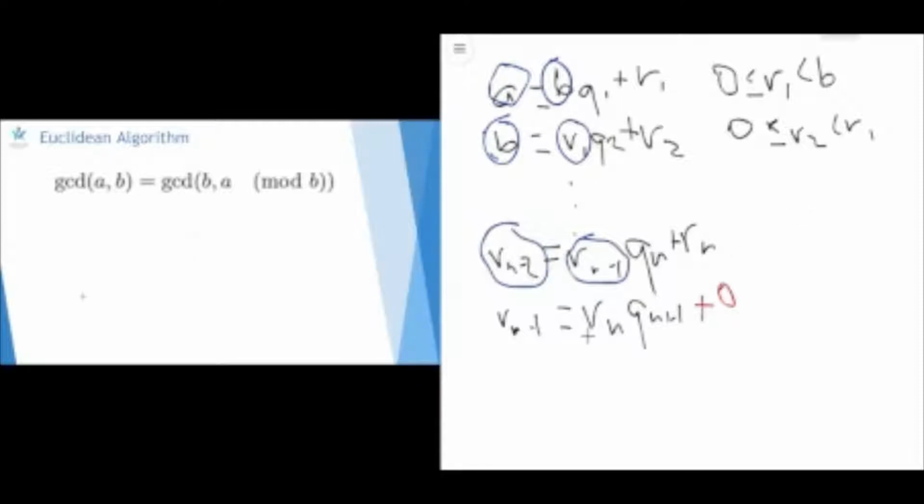So this is where we get it. That's what n represents. So over here, we have the GCD of R of n minus 1 is equal to the GCD of all these others. And then we could write it one more time, that this is equal to the GCD of R of n and 0.